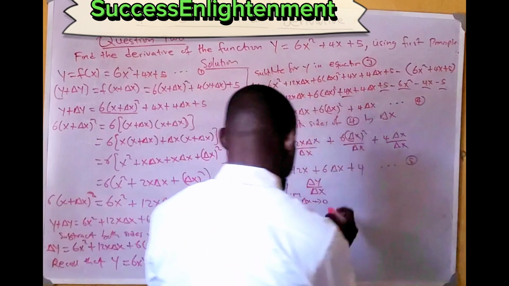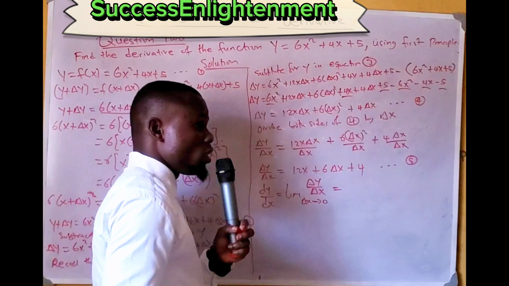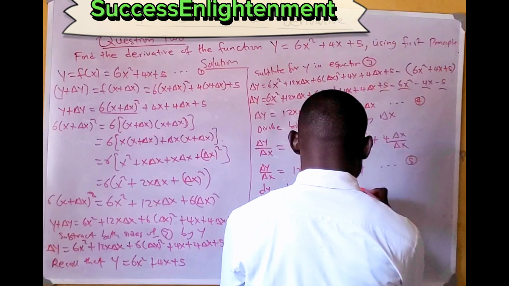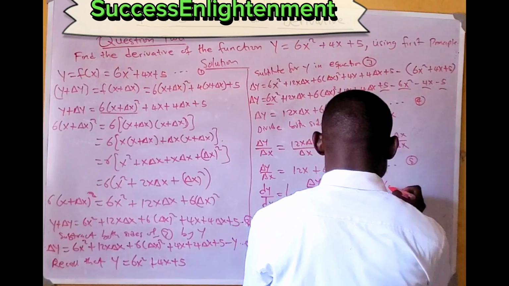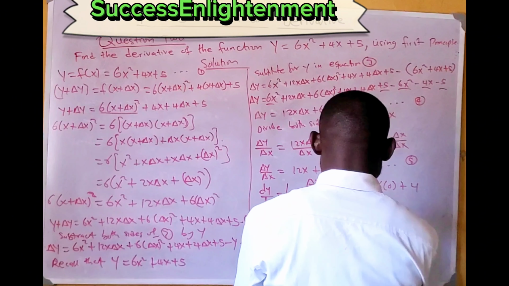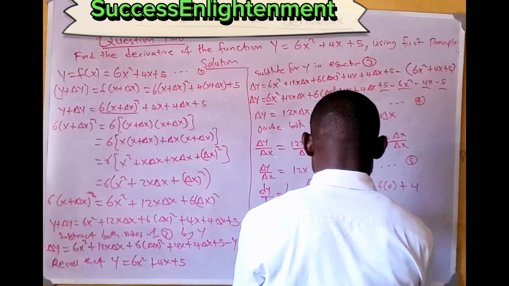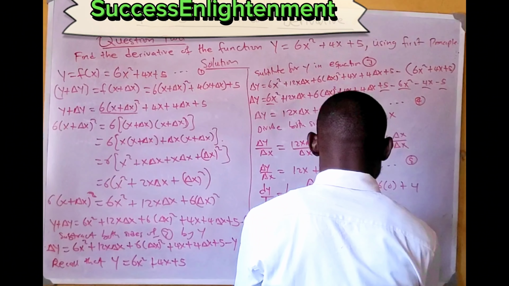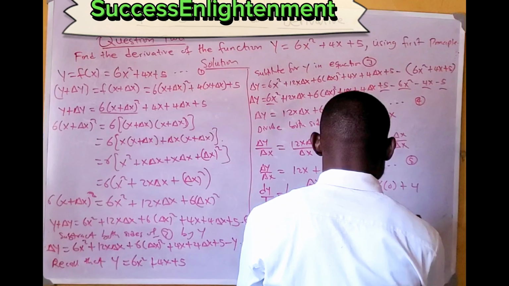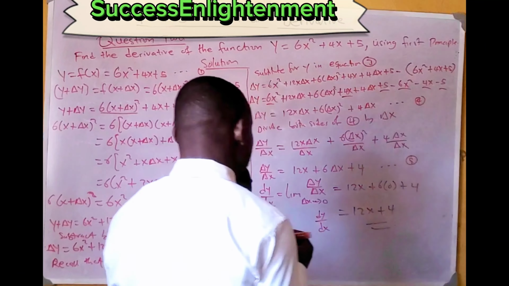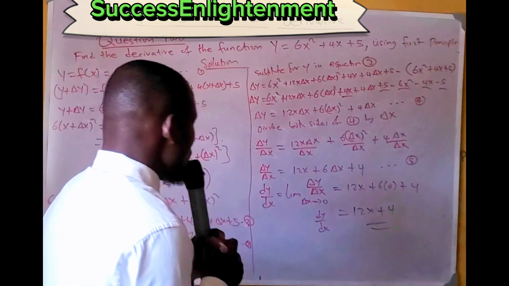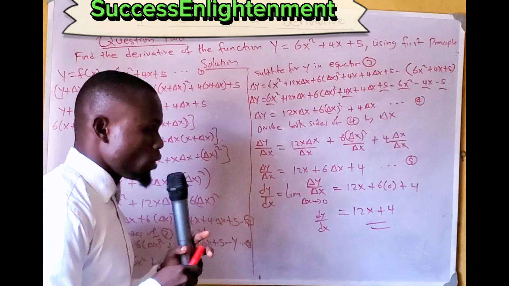What this implies is that whenever you see change in x, you replace it by 0. We have 12x plus 6 into 0 plus 4. So therefore dy/dx equals 12x plus 4, and this is the derivative of the function 6x squared plus 4x plus 5 that we are given.